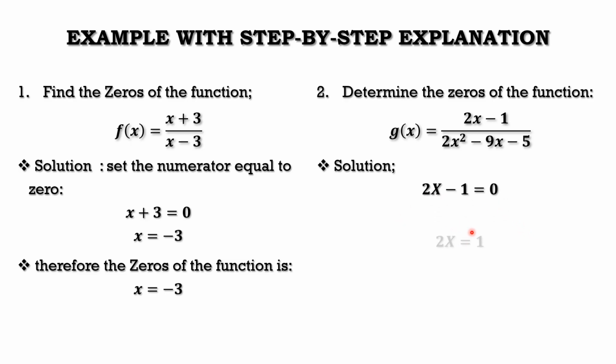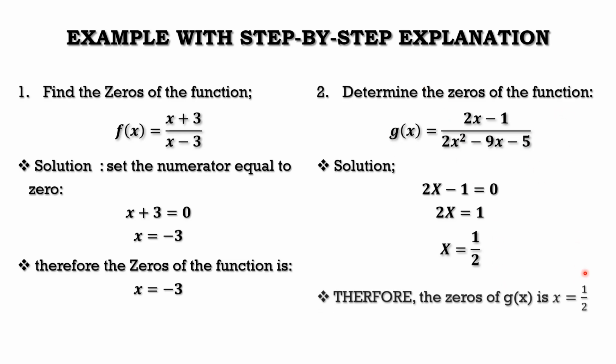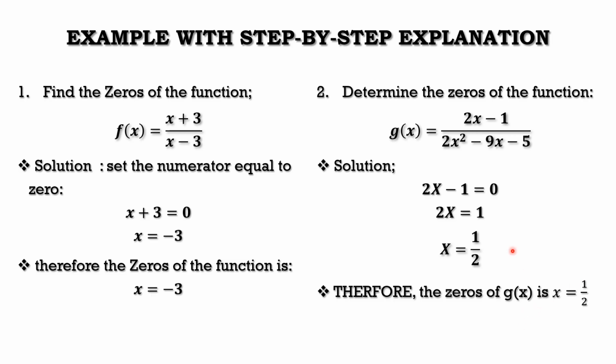So 2x minus 1 equal to 0, 2x equal to 1, then x is 1 on 2. It means that when the input value is 1 on 2, the whole function is equal to 0. So therefore the zero of g of x is x equal to 1 divided by 2.